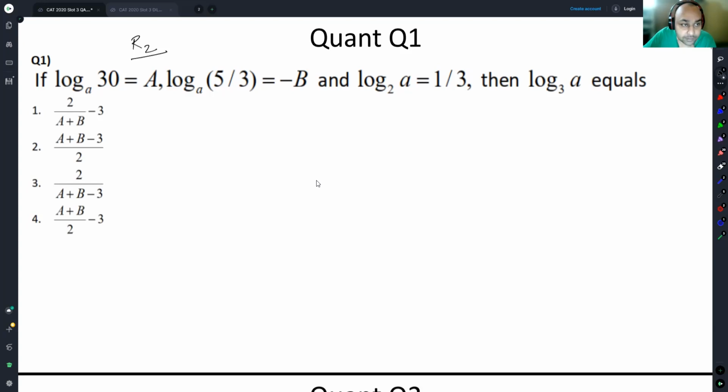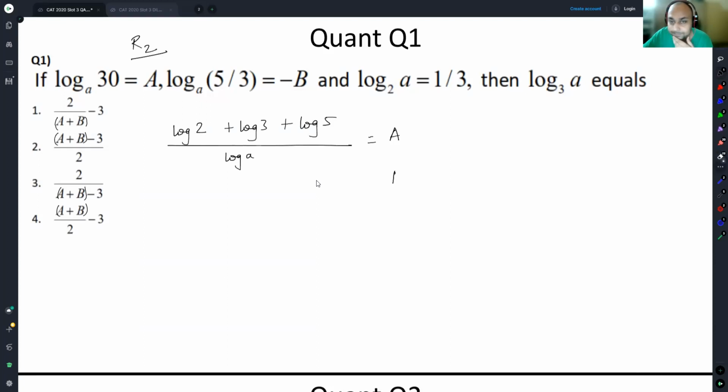So we have this, I can write as log 2 plus log 3 plus log 5, whole thing by log a, because log a is in the denominator. This is equal to a. In every option I have an a plus b. So a plus b roughly translates to this. I don't need a minus b, I need a plus b.